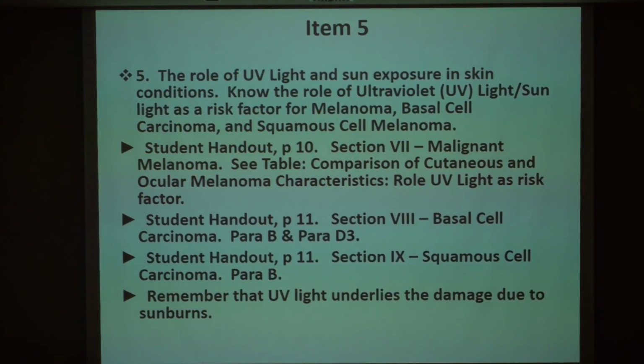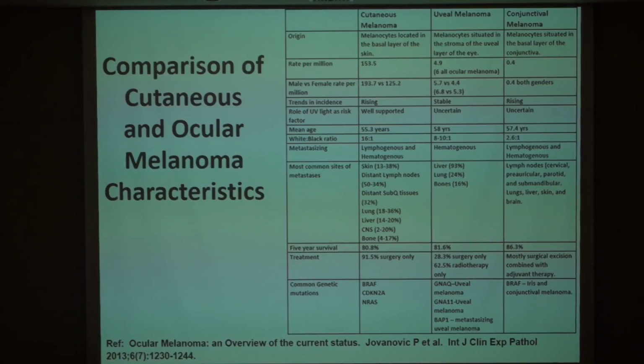skin conditions. And basically, I've given you these 5 citations. If you look at these, the first citation, when you look at this comparison of cutaneous and ocular melanoma, what you should know is when we talk about UV light as a risk factor, it's well supported for cutaneous melanoma. It is uncertain for uveal and conjunctival melanoma.